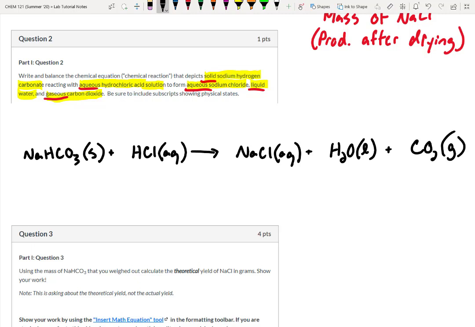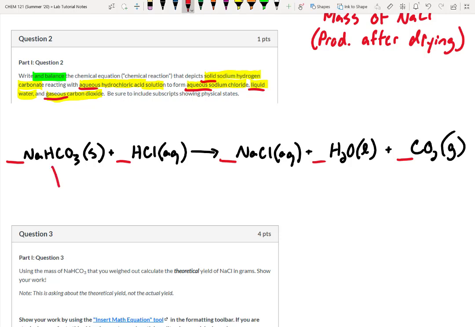Okay, but we're not quite done yet, right? It says write and balance the chemical reaction. What balance means is include reaction coefficients, meaning whole numbers, before each of the reagents and products so that we have the correct number of atoms on both sides of the chemical reaction, right? But the weird thing with this is if you go and check, I see that I have one sodium, so that's balanced.